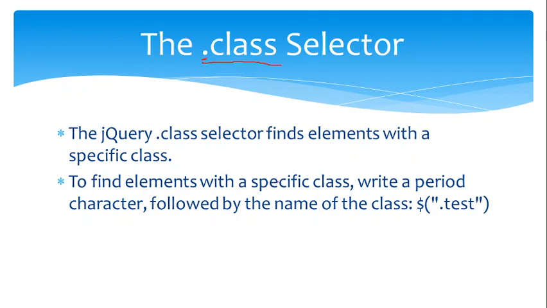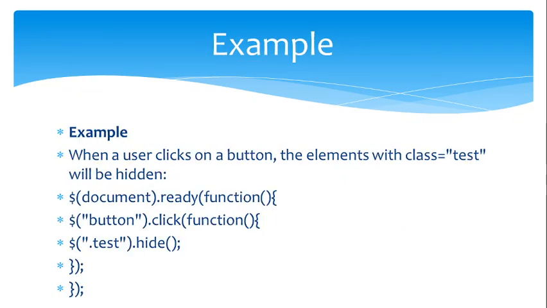To find elements with a specific class, write a period character followed by the name of the class, like dollar dot test. Okay, dot test. So how do we write the code for this? Simple thing. Okay, what is that?